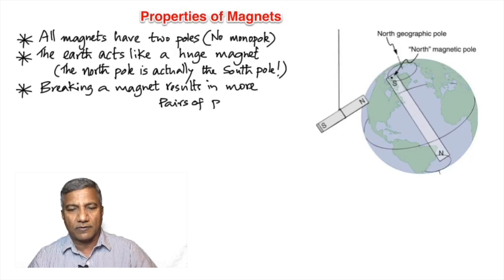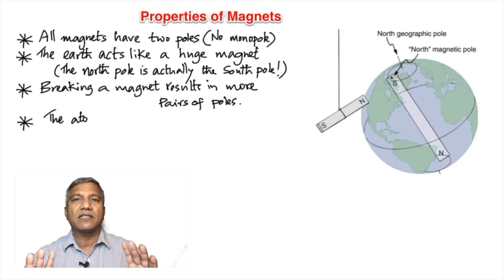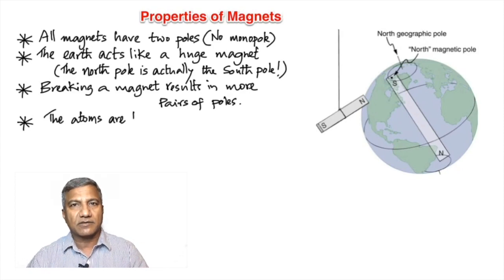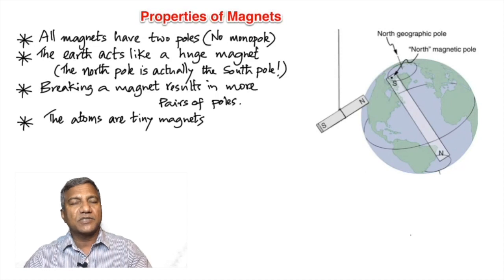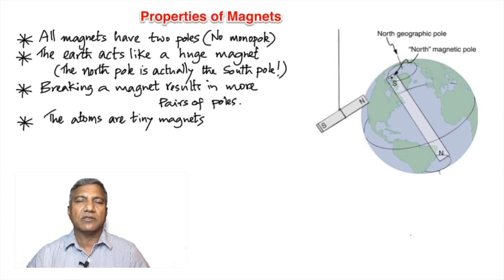Number four, the atoms in all materials actually are tiny magnets. The atoms in all materials are tiny magnets, but in materials like iron that could be magnetized, these tiny magnets can be aligned in one direction.